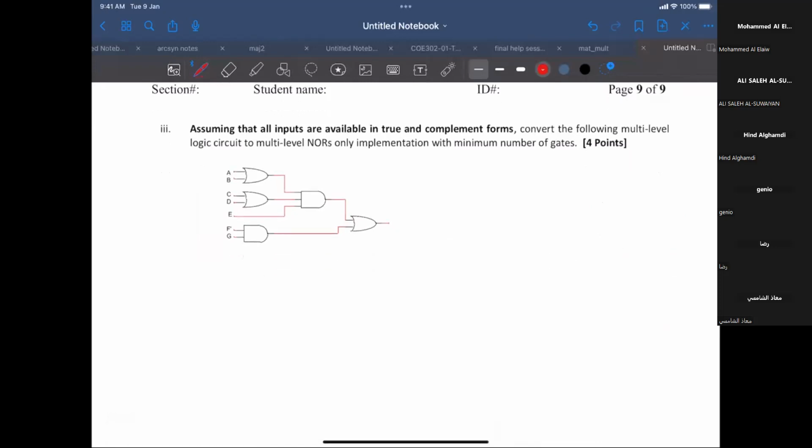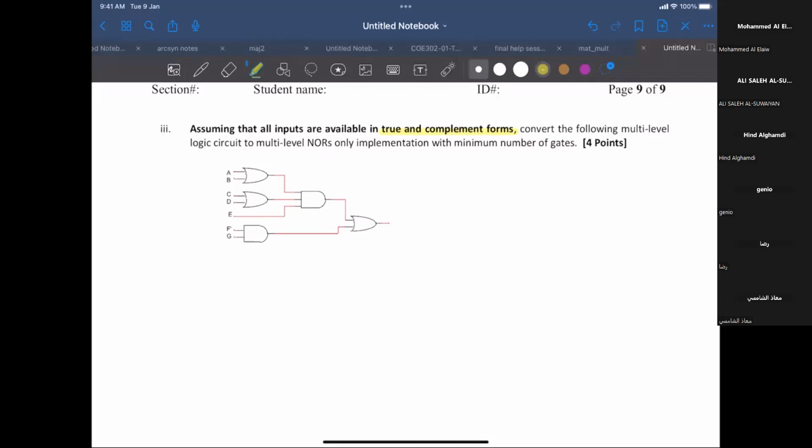Basically here, assuming that all inputs are available in true and complement forms, you are free to use a complement or A. It is ready for you. You don't have to use an inverter for A. In this question, you are free to use that.